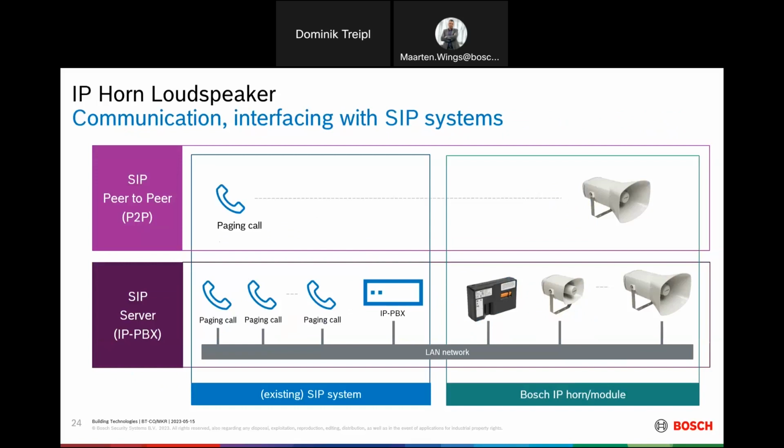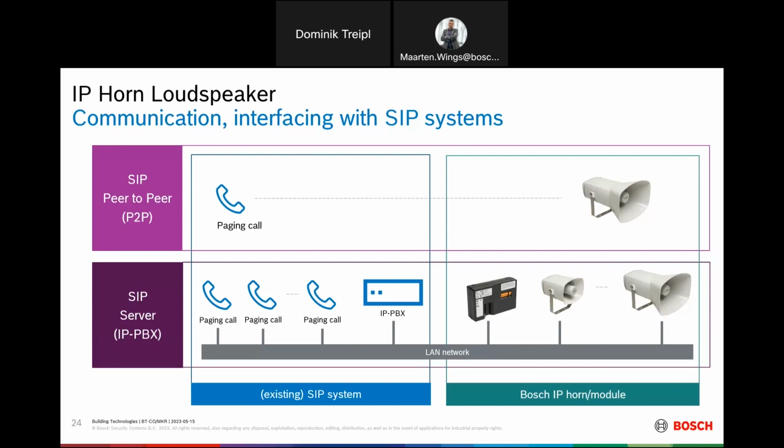So the SIP, the Session Initiation Protocol, is a signaling protocol used to initiate, maintain, and terminate communication sessions involving voice, video, and messages. So it is a specific technology that can be used for voice over IP.